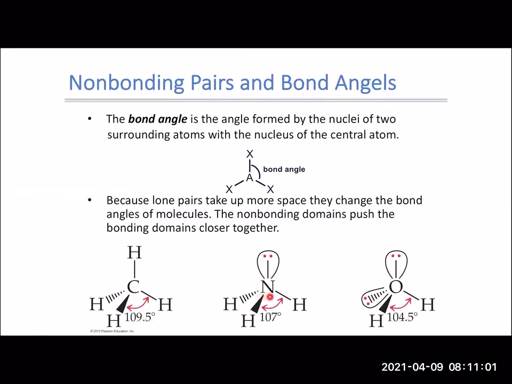So if you look at ammonia here, the nitrogen has a lone pair, and then all the hydrogens are kind of squished a little further down together. Their angle actually happens to be 107 degrees. And then if we look at water, having the 2 lone pairs in water pushes the 2 hydrogens even closer together. So the bond angle for the 2 hydrogens in water ends up being 104.5 degrees. So you can see it's not much of a push, but there's still a little bit of a change in the bond angle when we add lone pairs.